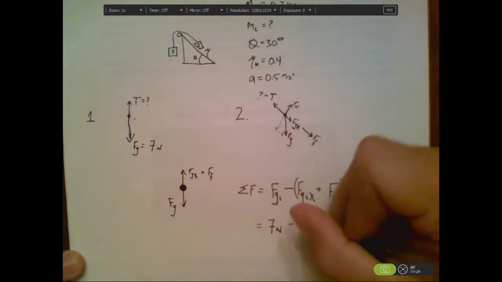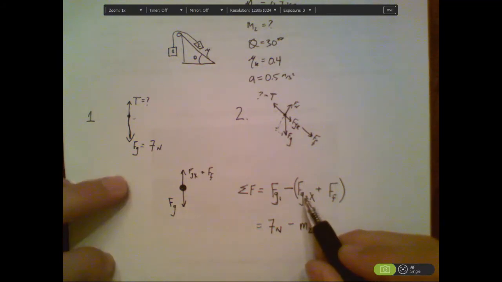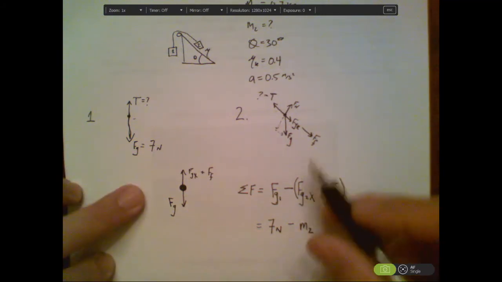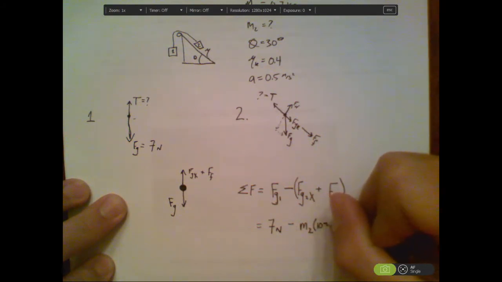So what is that? Well, Fg of 2 is going to be M2 times 10 meters per second squared.